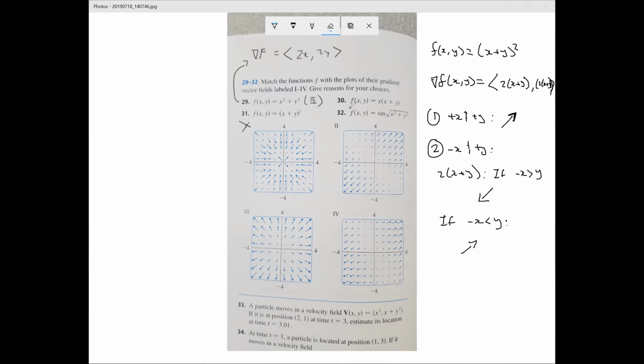That's why, just by looking at the graphs, we can see that for graph number 2, whenever the negative x has the same magnitude as the y value, so let's say this is negative 3 and this is positive 3, the vector field actually doesn't go anywhere.